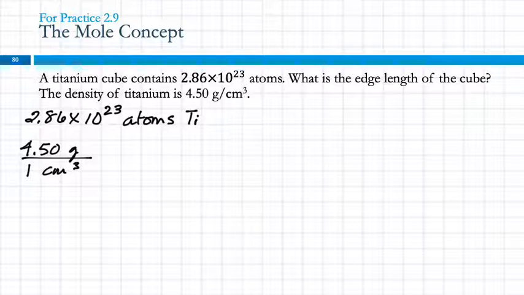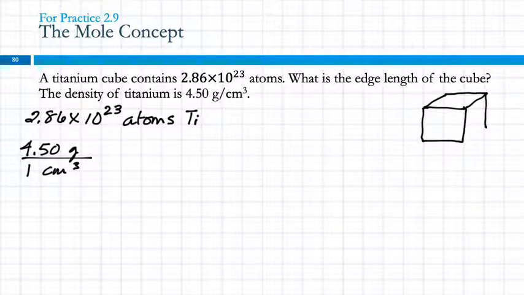Then let's figure out, what are they asking us to find? The edge length of the cube. Well, that's not a unit. Well, let's draw a cube. There's words that we use that we don't really recognize the distinction between.